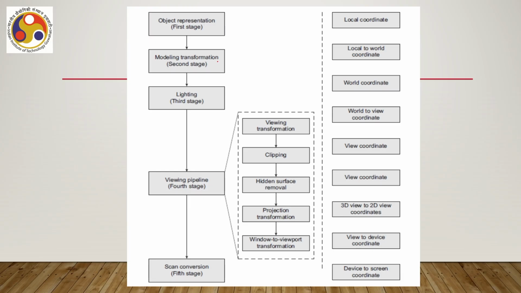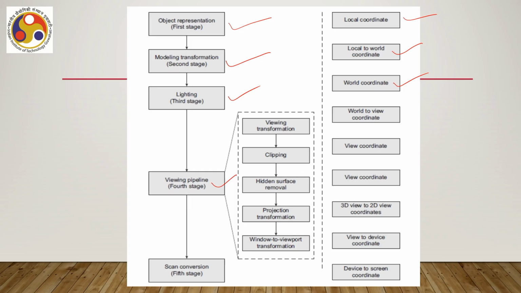this is the 3D graphics pipeline. This is the first stage, object representation, which takes place in the local coordinate system. Then modeling or geometric transformation transforms from local coordinate to world coordinate system. Then lighting takes place in the world coordinate system.